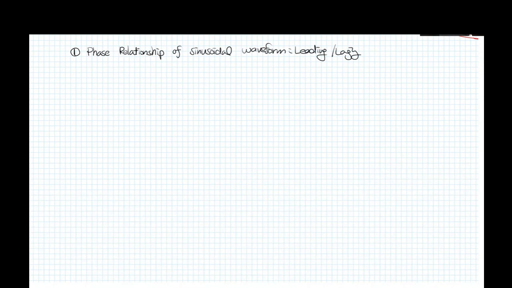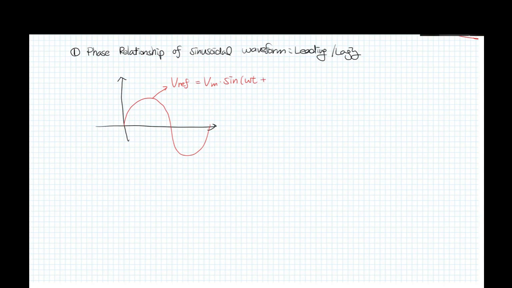All right. So, for example, this is a reference voltage, right? V sub m sine omega t plus 0, right?